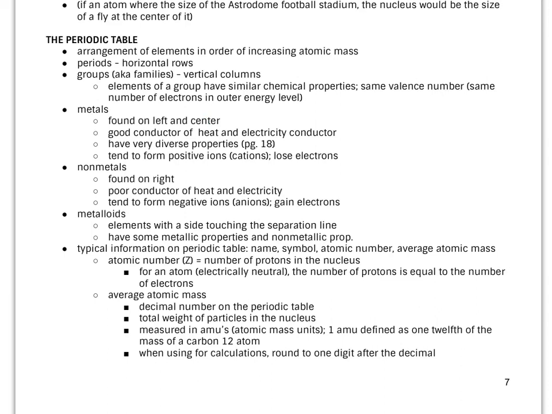For example, if you're looking at the periodic table, group 2, which is just the second group from the left: beryllium, magnesium, calcium, strontium, barium, and radium, they're in the same group, they're in the same family. They will all have the same number of valence electrons. And pretty soon when we start talking about it, you'll be able to figure out how many valence electrons they have based on their position on the periodic table.